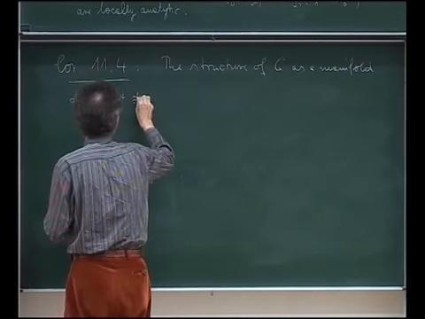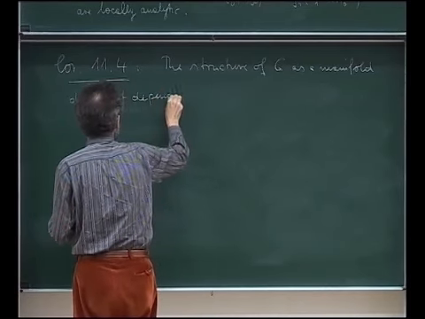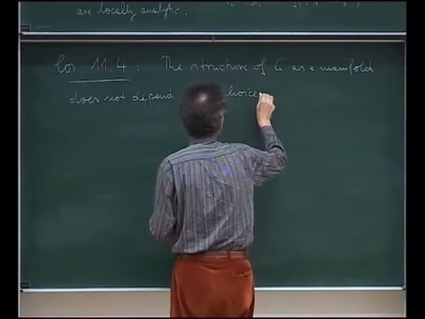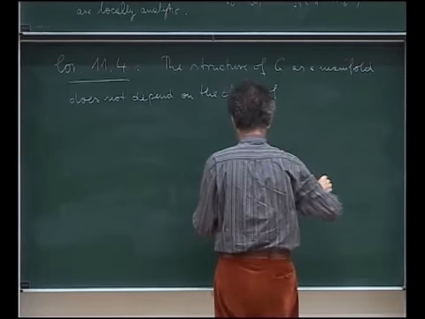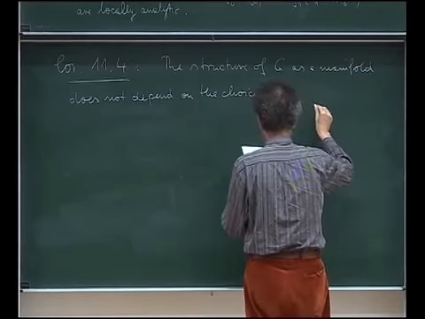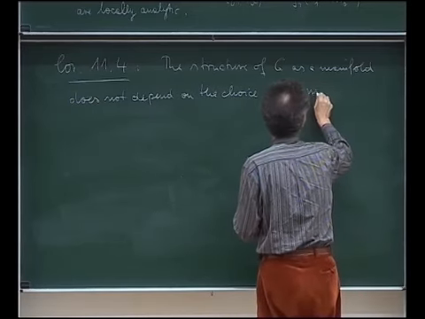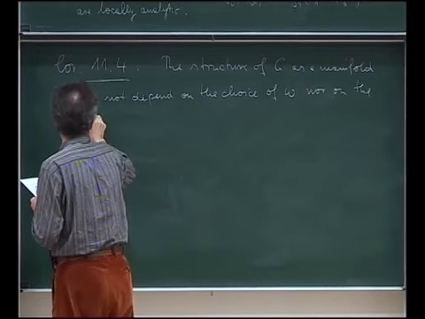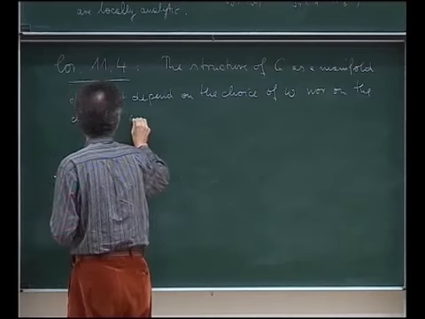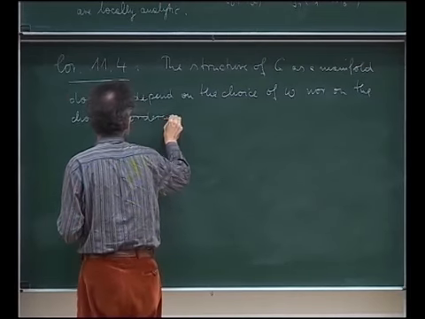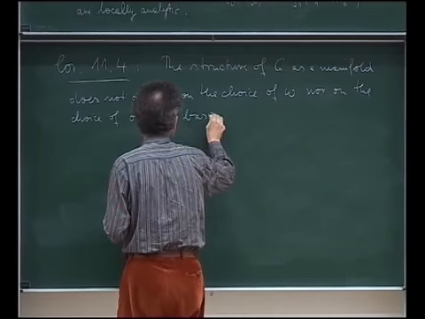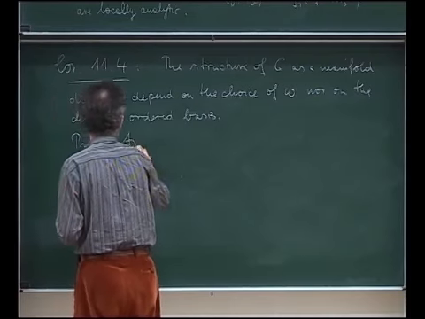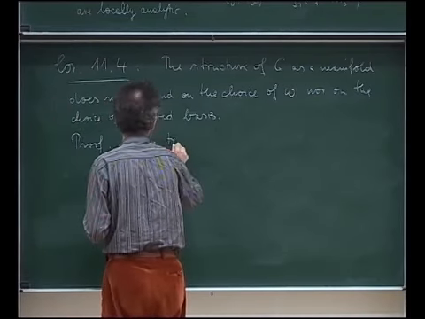Corollary: the structure of G as a manifold does not depend on the choice of omega, nor on the choice of ordered basis.